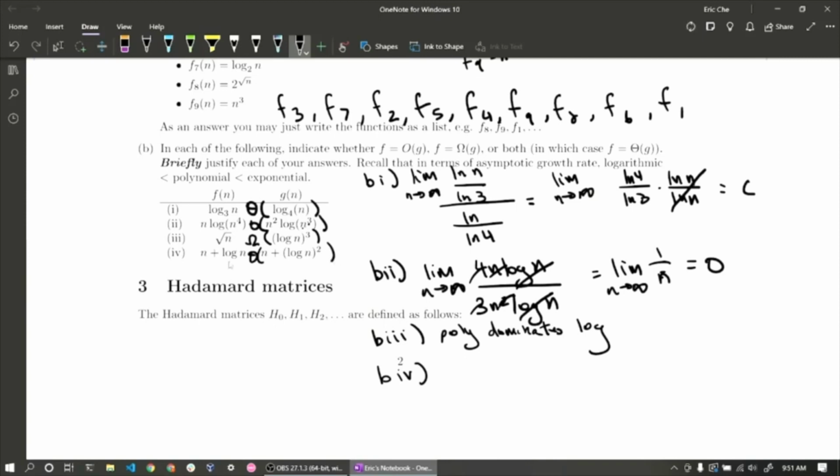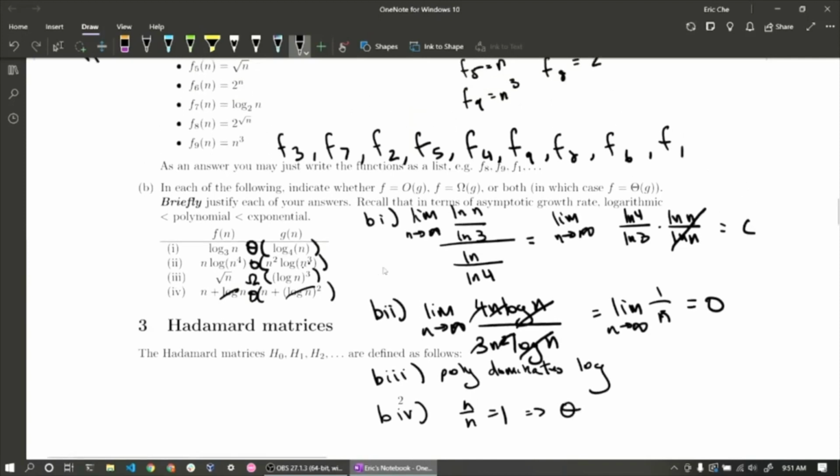The reason is that, similar to the reasoning before in B3, the polynomials, in this case n, dominate the logarithm expressions. If you remember in 1b, we can just ignore the logarithmic expressions and just look at n because they dominate. And then obviously n over n equals 1, so this is a theta bound.